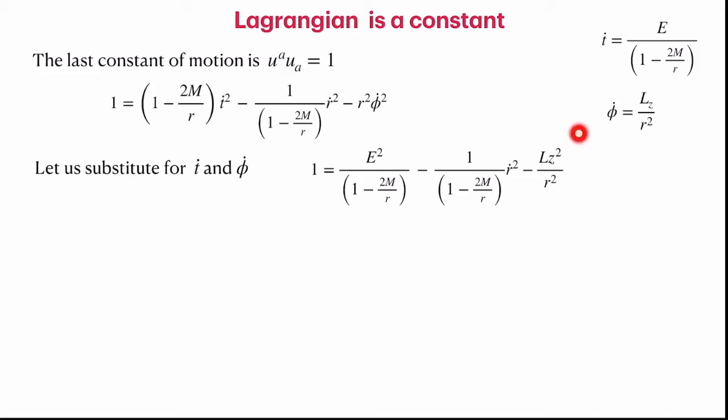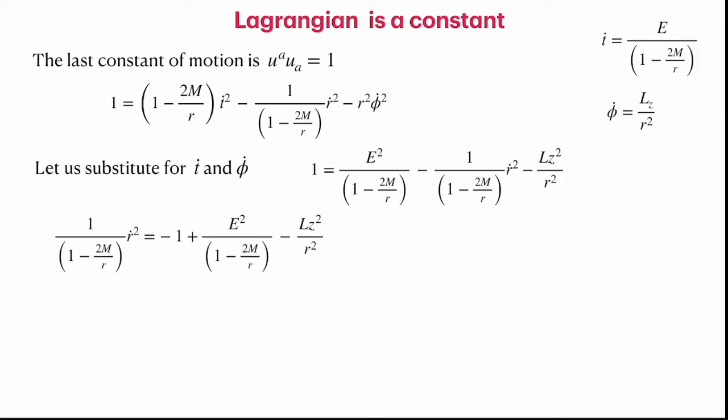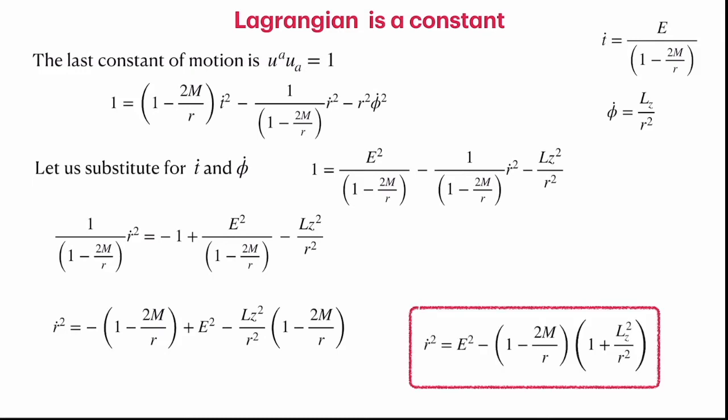Now, once we have this, we can immediately rewrite r dot in terms of the constants. So we get the radial equation. In the intermediate step I have written, you simply interchange and then obtain r dot square is equal to E square minus (1 minus 2m by r) times (1 plus Lz square by r square)... that is, we can simplify it.